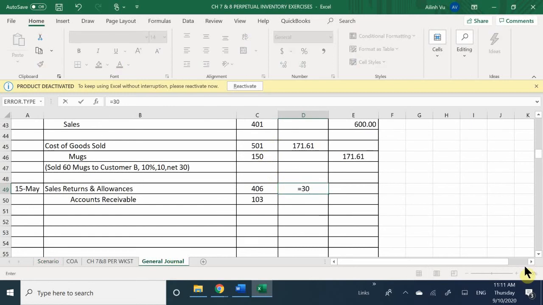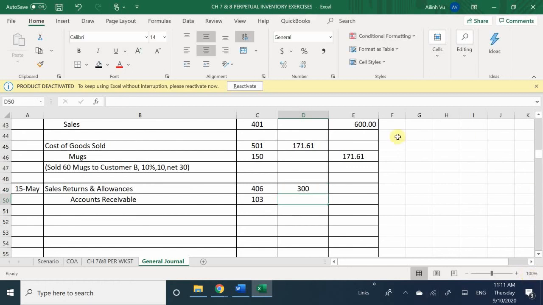How much should we charge him for each mug? $10. Exactly. So the total is going to be 300, because he's returning 30 of them, and our original price was $10 each. So now we need to give him back $300.